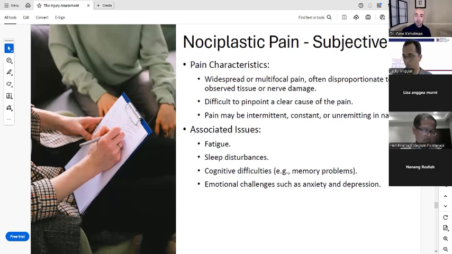It's going to be difficult to pinpoint a clear cause of the pain, and the pain may be intermittent, constant, or unremitting in nature. It's often associated with issues like fatigue, sleep disturbances, cognitive difficulties, so even things like memory problems, and emotional challenges such as anxiety and depression. So if your patient has these things, definitely be considering the possibility of nociplastic pain.